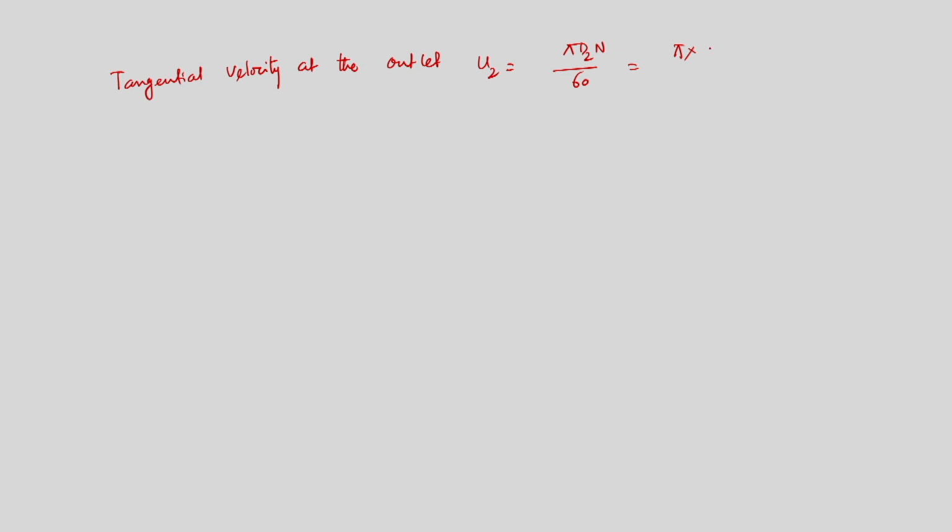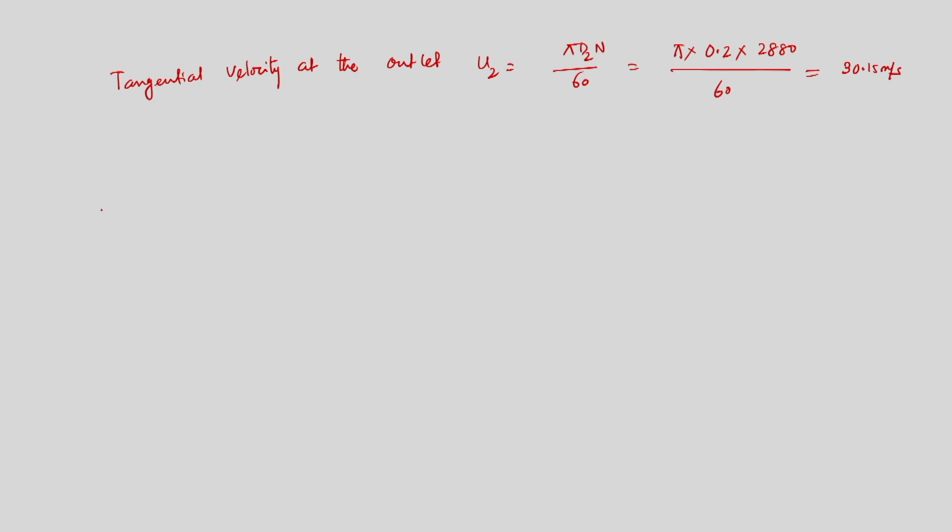If we calculate 3.14 times 0.2 meter times 2880 rpm divided by 60, we will get a velocity of about 30.15 meter per second. So, the tangential velocity at the outlet is 30.15 meter per second.